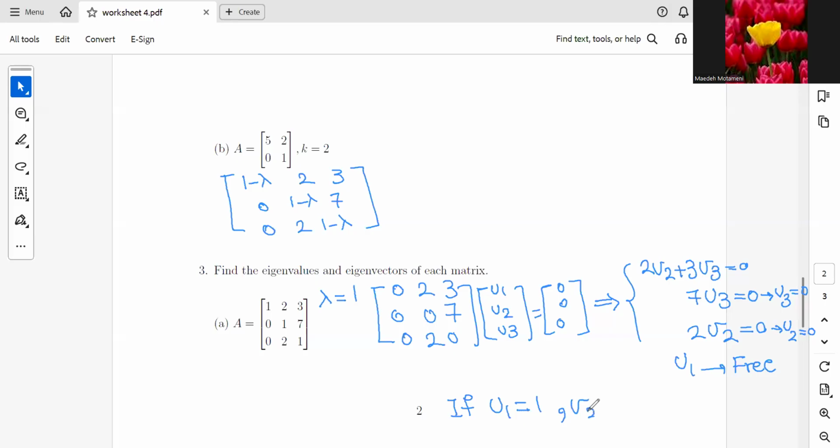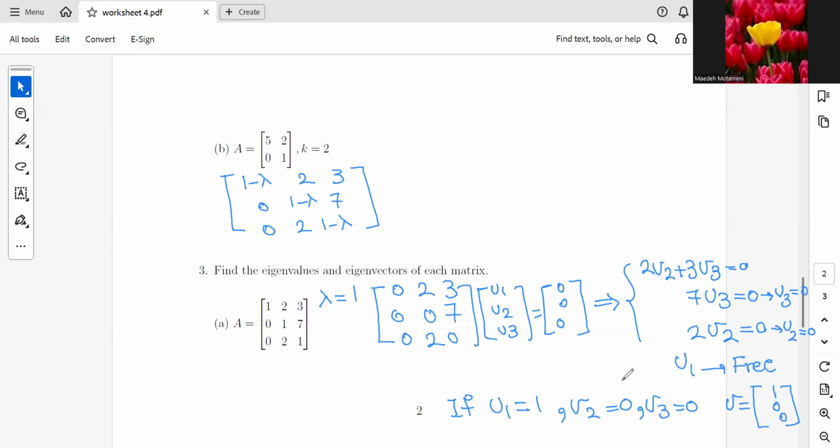And we know that v sub 2 is 0, v sub 3 is 0. So a typical eigenvector here will be 1, 0, 0. And if you pick v sub 1 as, let's say, 5, this would be 5, 0, 0. And that would be correct as well.